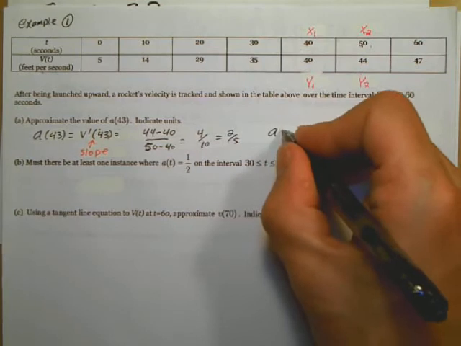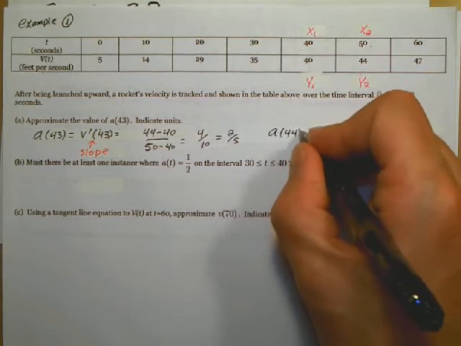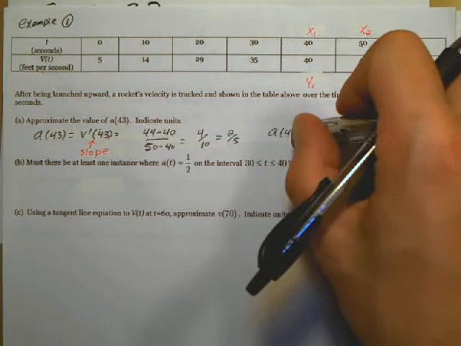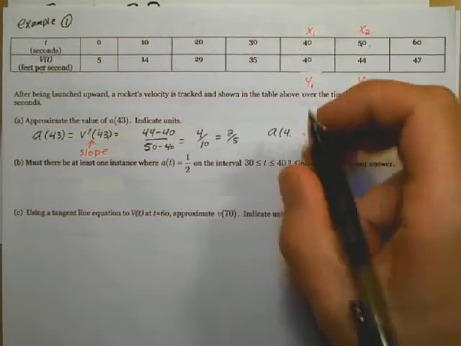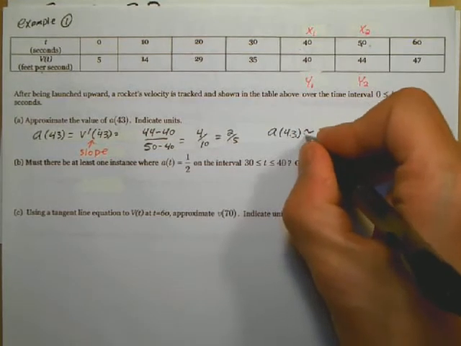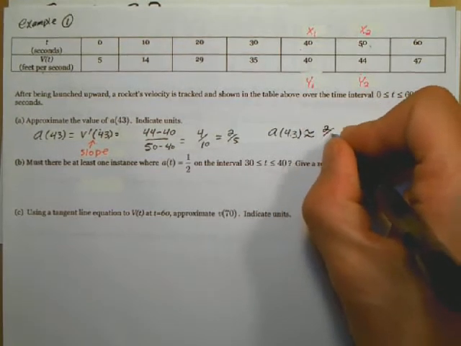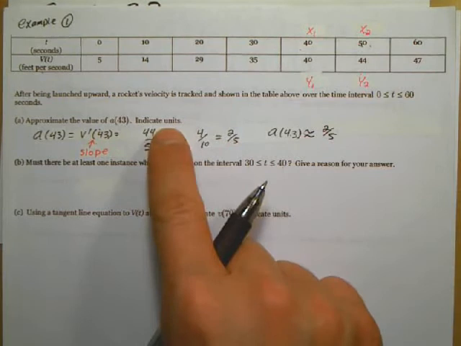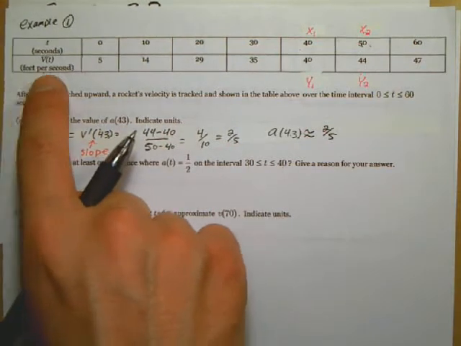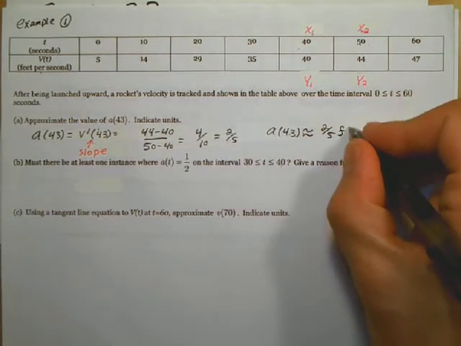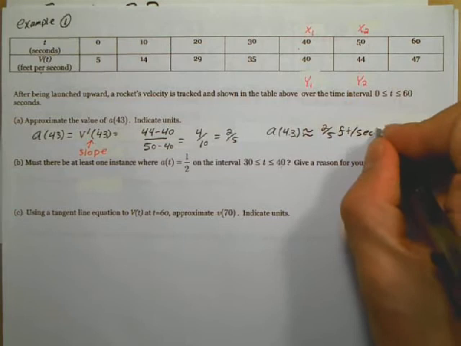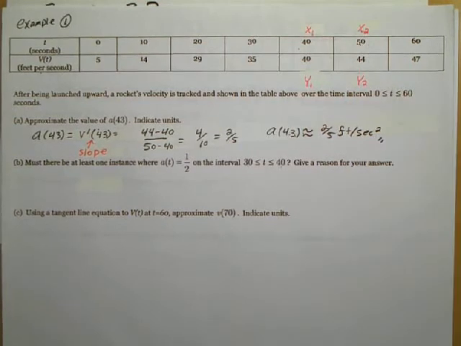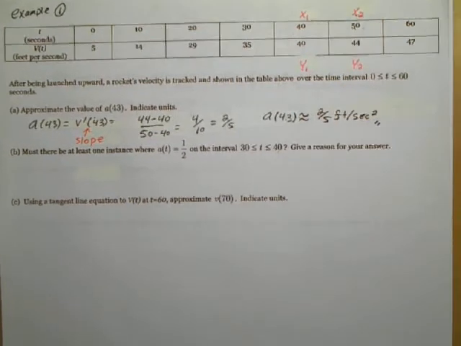So I could say that my acceleration at 43, oops, I don't know why I wrote 44, 43 is approximately 2 over 5. As far as the units, they want us to indicate the units. This is feet per second squared for acceleration, and that's my answer. Alright, moving on to part B.